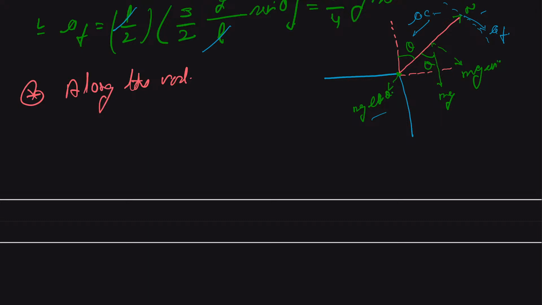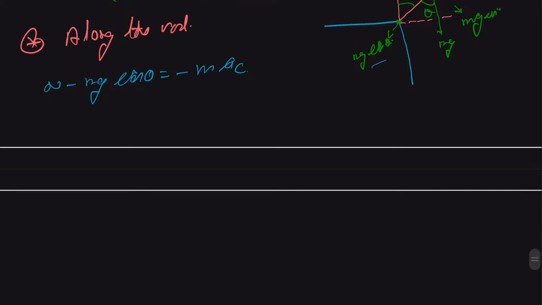We can write that N minus mg cos of theta will be equal to minus m times AC.